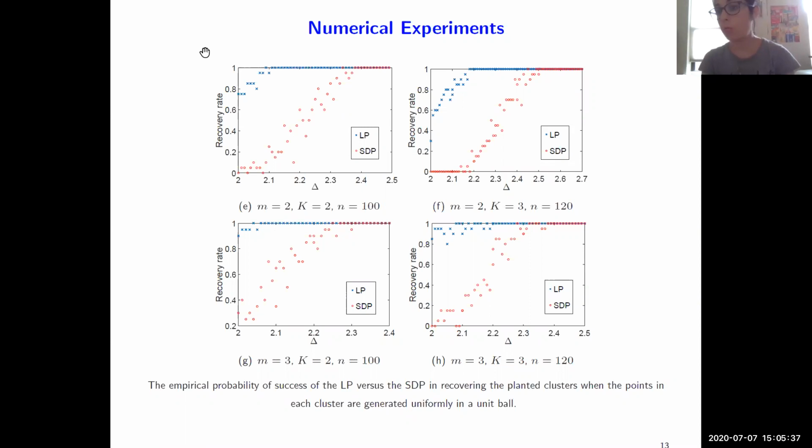You would like to know better recovery conditions for K clusters. We want to understand how the LP really behaves in high dimension. But at least these preliminary results suggest that this LP relaxation has nice properties under these random models. That's it.